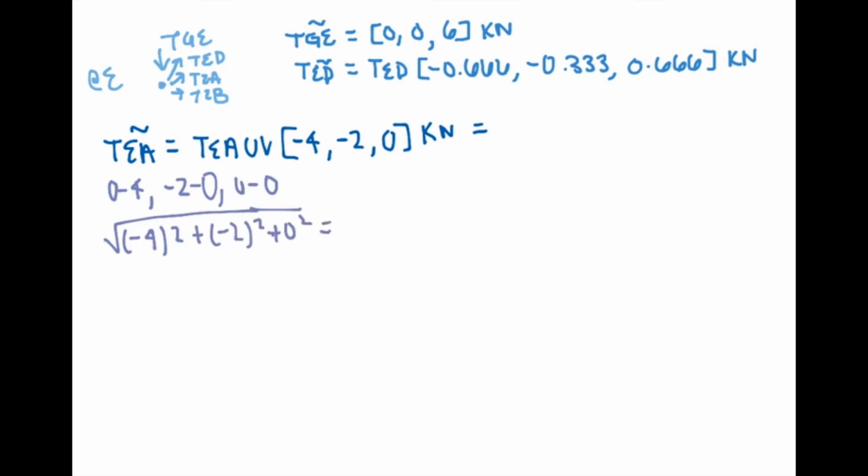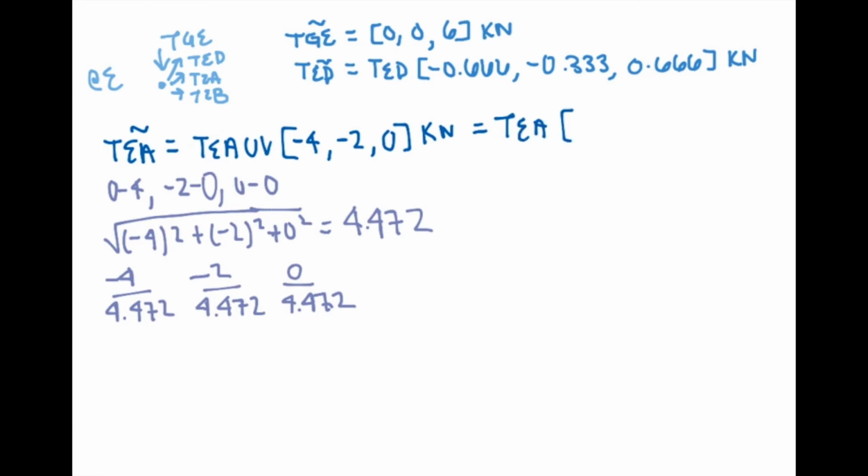Again, this equals 4.472. We are going to do the same process: negative 4 divided by 4.472, negative 2 divided by 4.472, and 0 divided by 4.472. This will equal TEA negative 0.894, negative 0.447, and 0 kilonewtons. This is equation number 3.